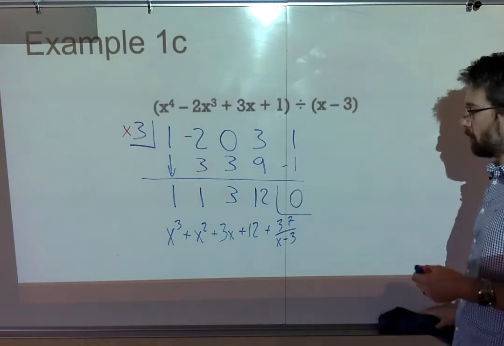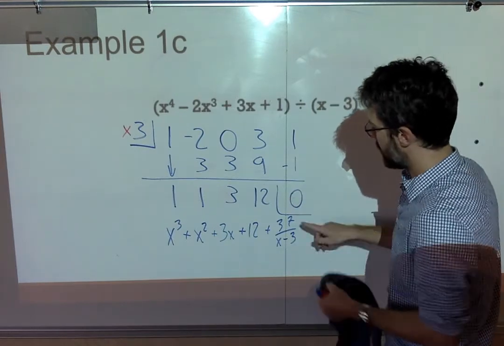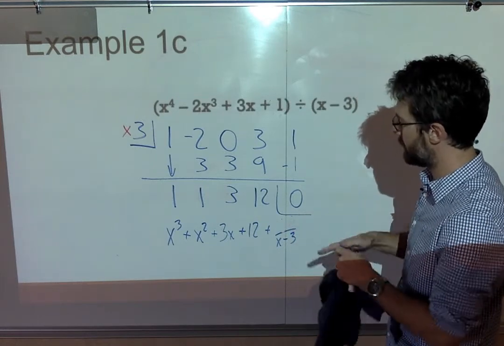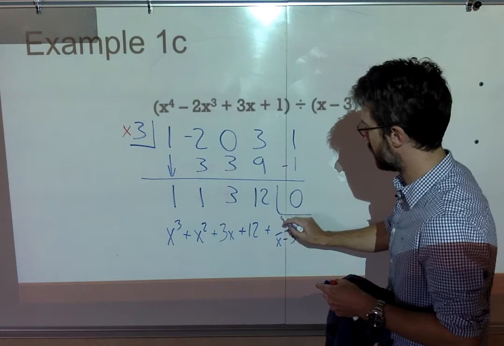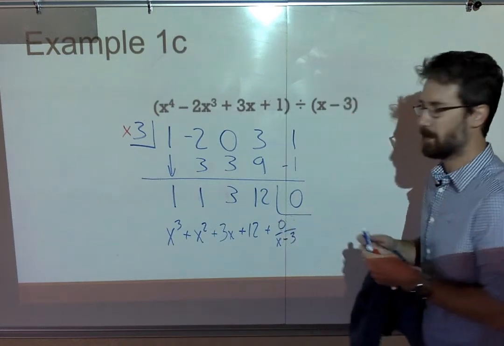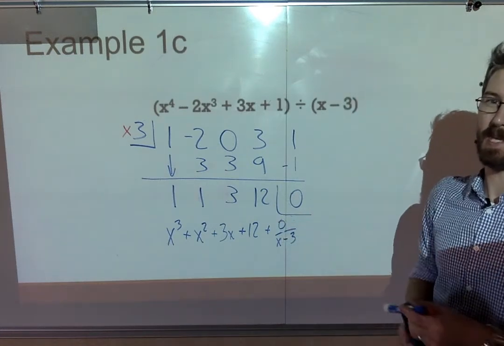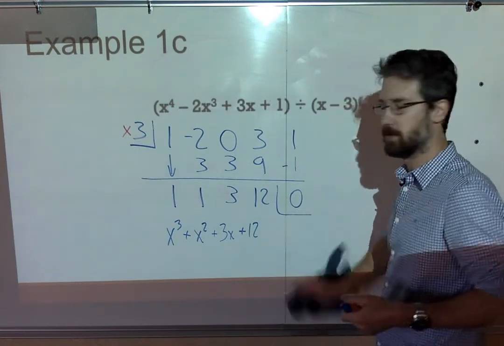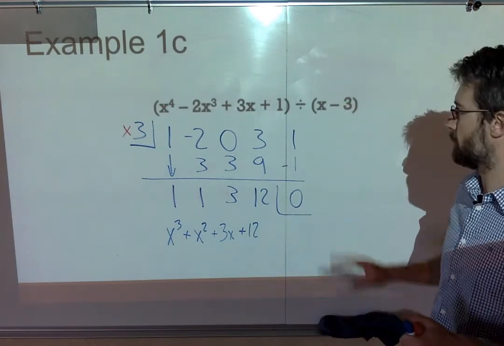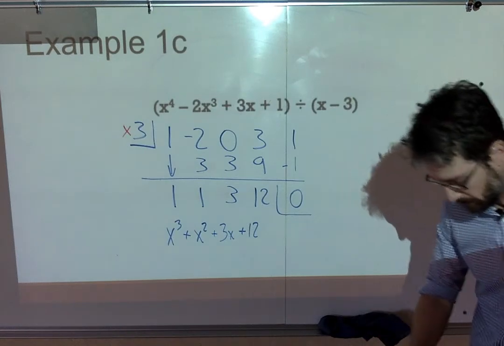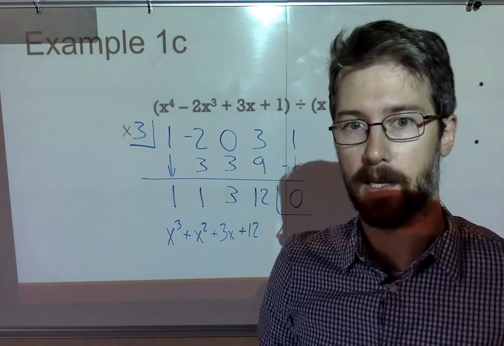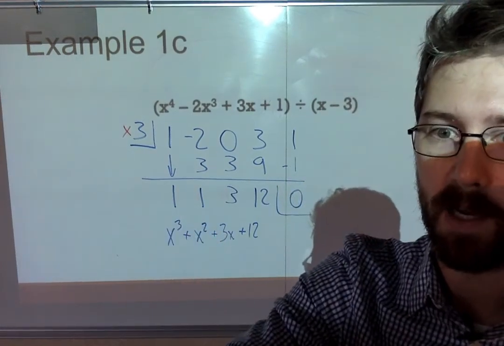So if you have no remainder, then technically, I suppose you could write 0 over x minus 3, and that wouldn't be wrong. But I would ask myself, do I ever put plus 0 at the end of an equation? If that's the case, you just don't even have it on there, because you'll run into a couple of those in the homework. All right, email your teachers if you have any questions, and look for long division tomorrow.